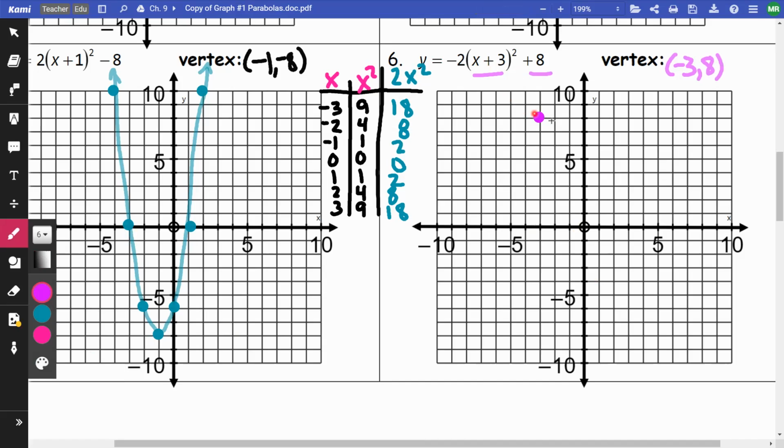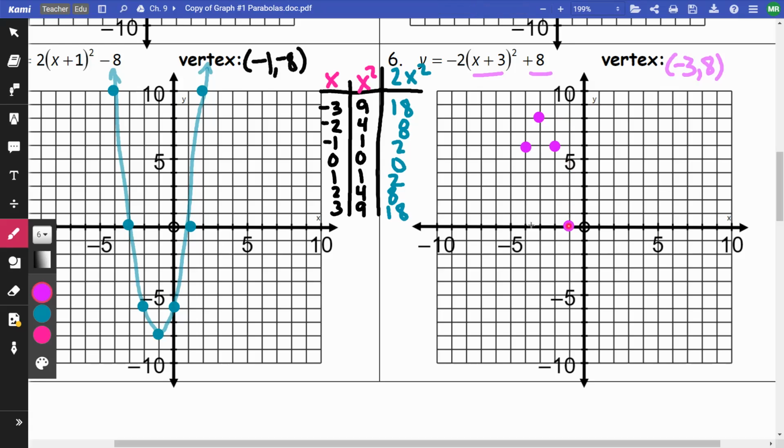And I'm still going to be going out 1, squaring 1, going out 2, squaring 2, going out 3, squaring 3, but I'm going to times it by -2 because of this stretch. So if I go out 1, 1 squared is 1, I times that by -2, I get -2. So I'm going to go down 2. If I go out 2, 2 squared is 4, and then I double 4, I get 8.